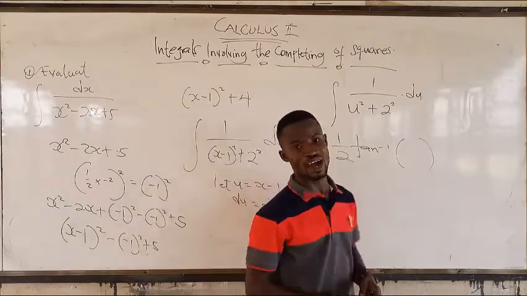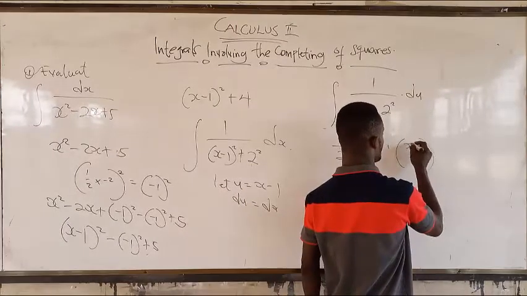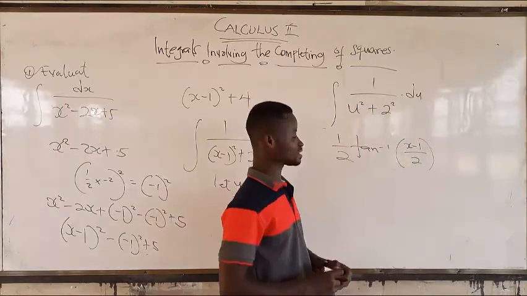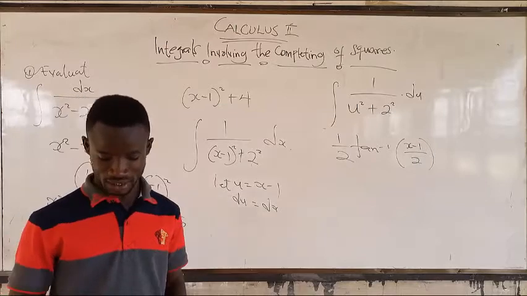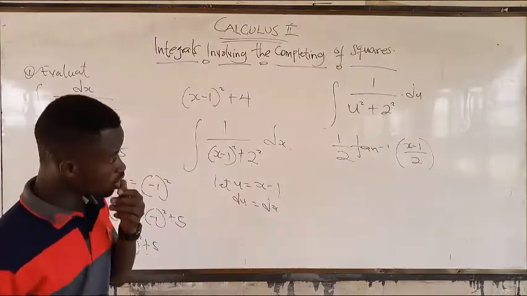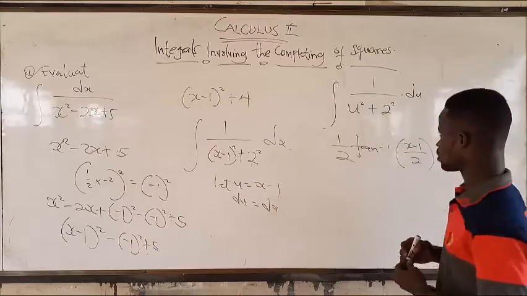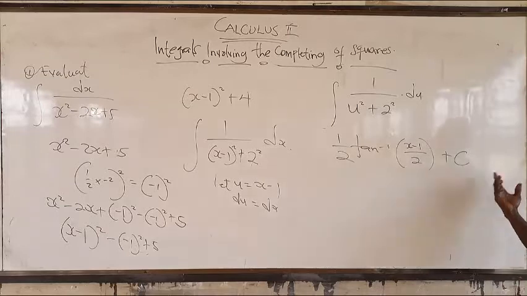And the u now is x minus 1 over a, which is 2. So that is actually tan inverse of (x minus 1) over 2. So we conclude and add plus c. All right. So just don't forget that it's something that you know already.